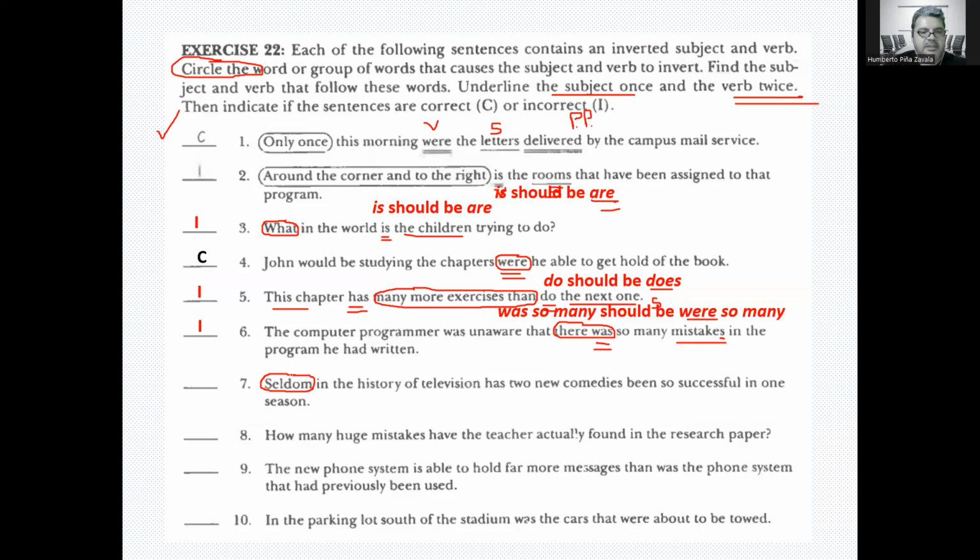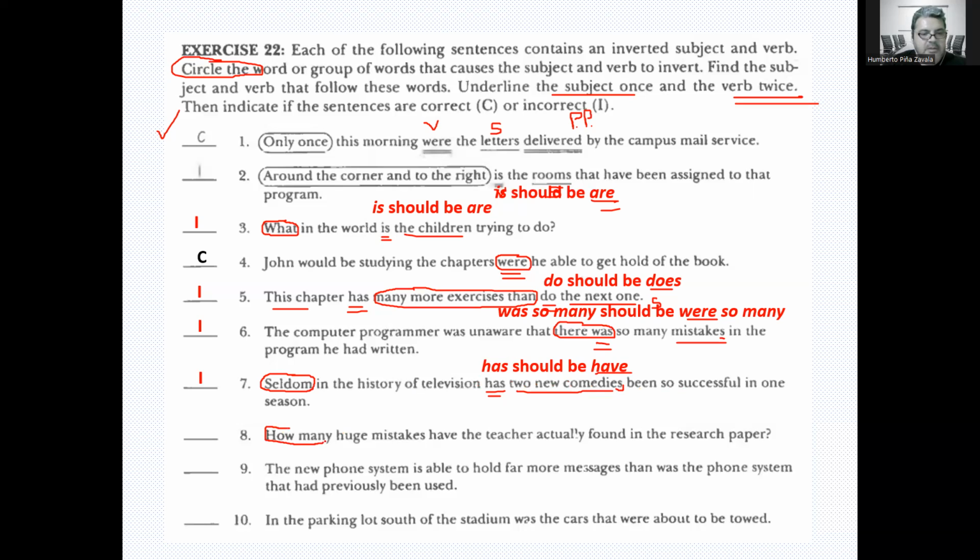This is one of those almost negative expressions. In the history of television has two new comedies been so successful in one season. Two new comedies is plural, so the verb should be plural. That should be have. Seldom in the history of television have two new comedies been so successful in one season.